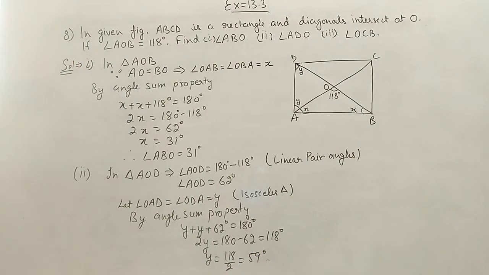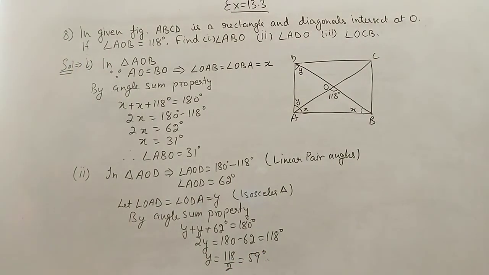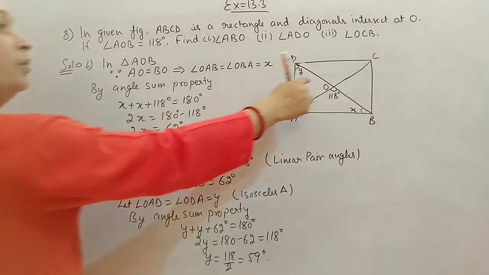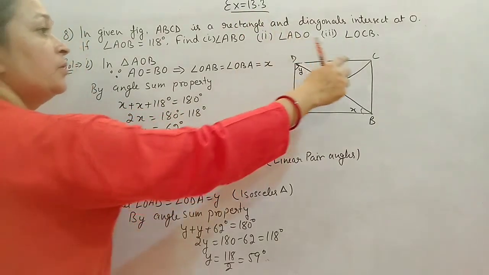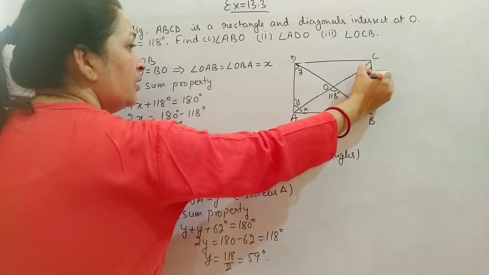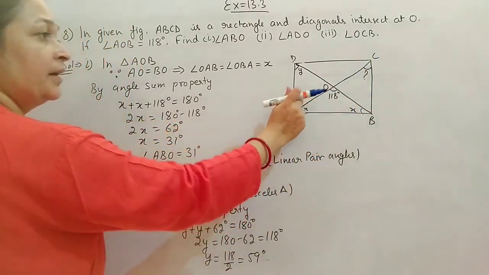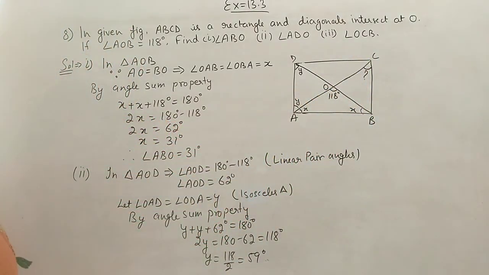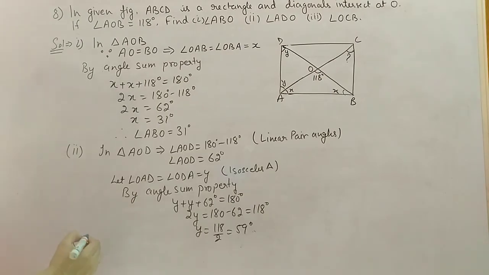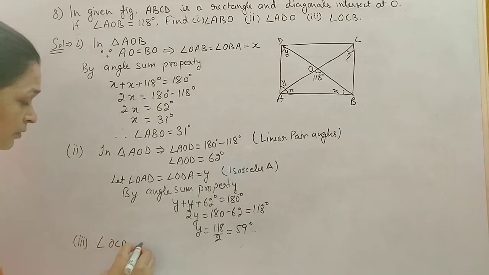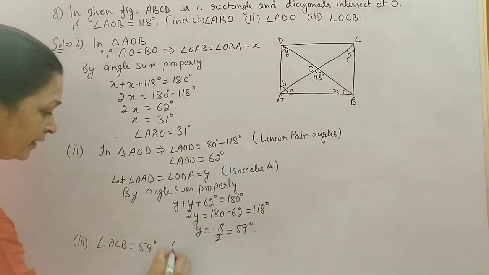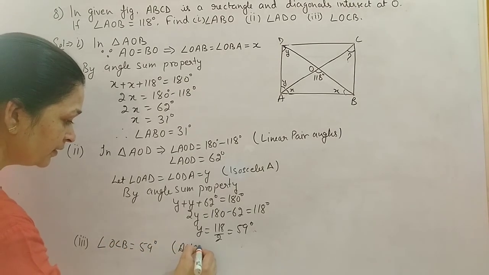Now third, we have to find out angle OCB. This angle we have to find out. This and this angle are alternate angle. So we can write third part. Angle OCB is equal to 59 degree, and reason alternate angles.